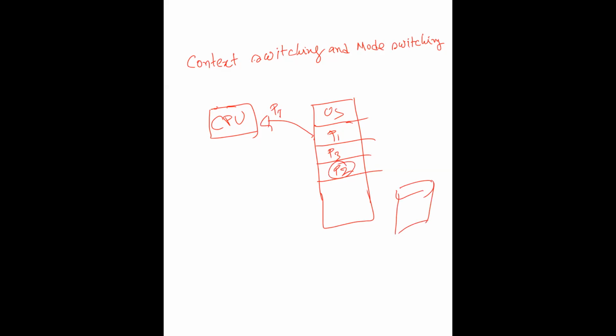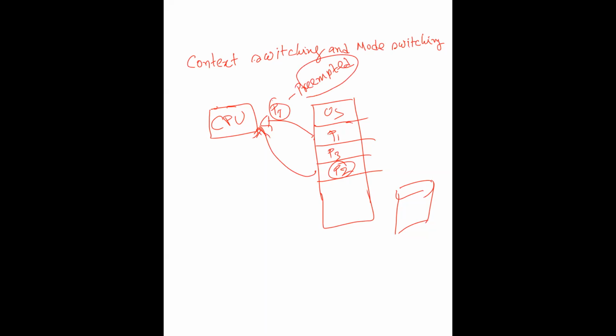So what will your operating system do? It will schedule process P2, and P1 will be preempted. Preempted means the CPU forcefully stops this process, and then it schedules process P2.